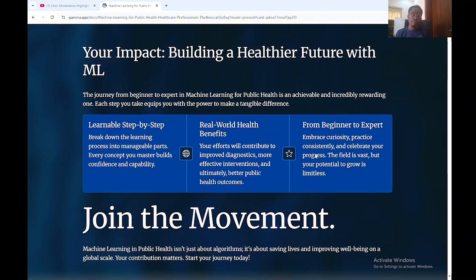Then before you move to programming Python, that's going to give you the ability to transform what you've learned into real-time insights, and that's definitely going to be a very significant step for you in your machine learning career, and particularly in public health. Even if you're not in public health, I want to assure you that these strategies are really key and going to be very helpful for you.